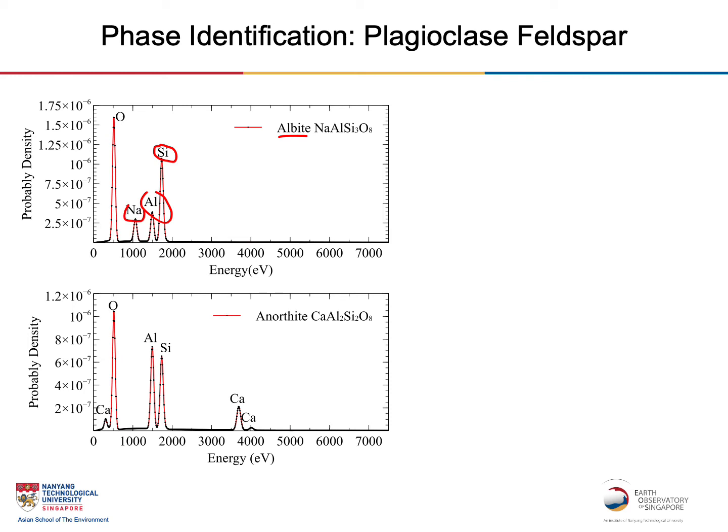There's nothing else. And how about anorthite? The difference is that in anorthite we don't have sodium, so we would not expect to see a sodium peak. We would expect to have calcium, and here you have calcium. This is one of the telltale signs where we can use the qualitative X-ray to identify phases.